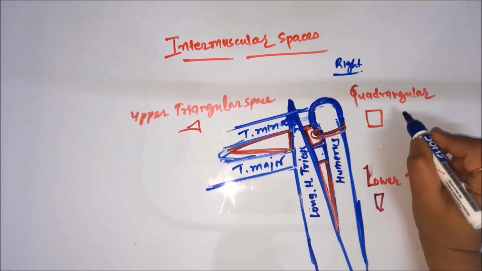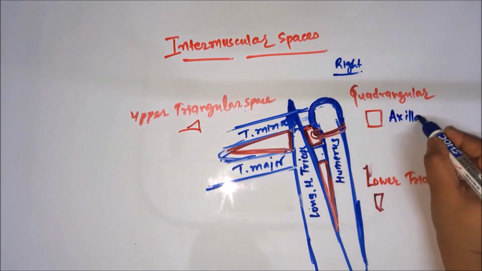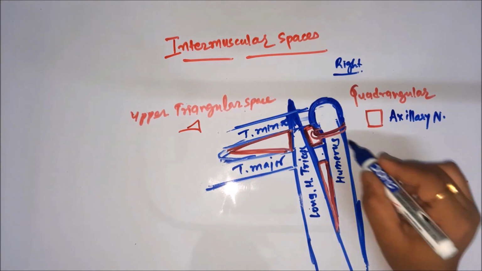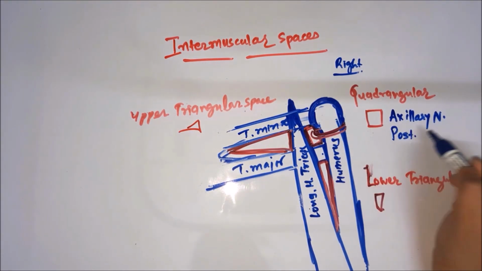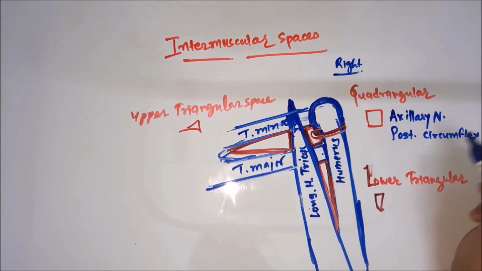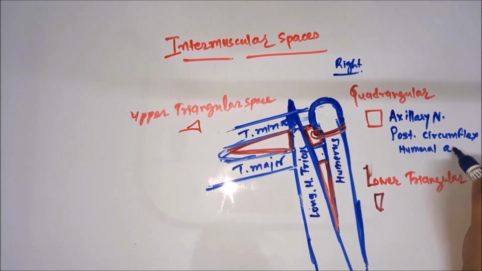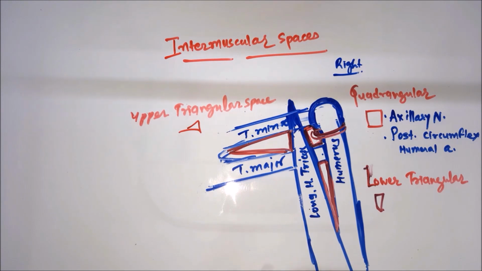So the contents of the quadrangular space are the axillary nerve, and as it lies on the posterior side, the posterior circumflex humeral artery. Two structures are there in the quadrangular space.